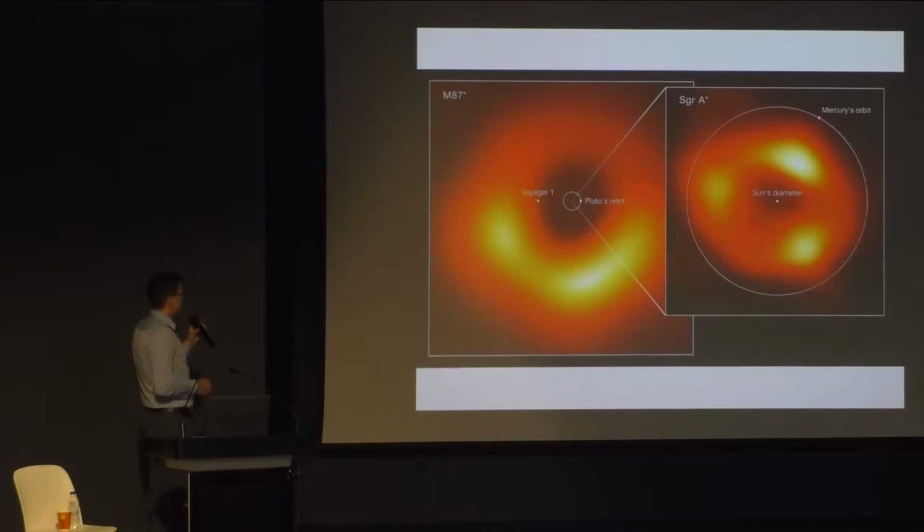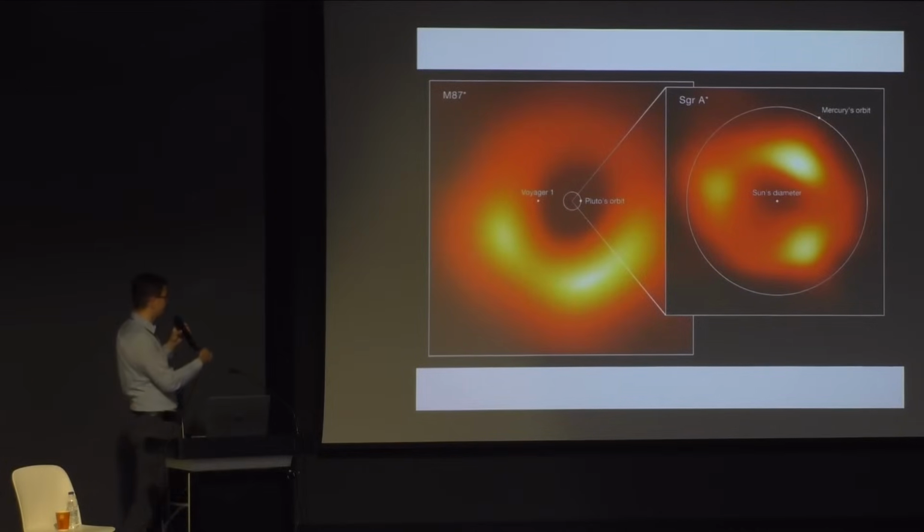And this is a comparison between the supermassive black hole in the M87 galaxy and in our galaxy. You can see the radius. If you put the supermassive black hole of the Milky Way in the center of this image, it will be in this volume. It's much smaller than the supermassive black hole in the M87 galaxy.